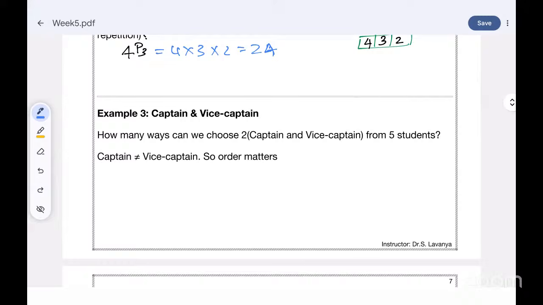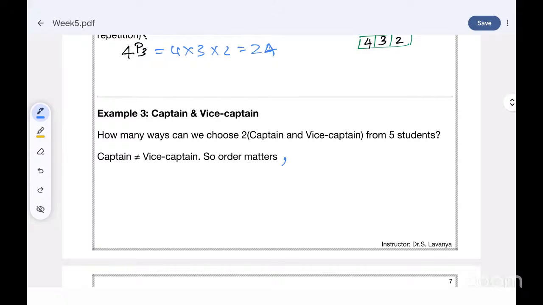How many ways can we choose 2 students, one as captain and another as vice captain, from 5 students? Remember, not any 2, we are very specific about these 2, so order matters.